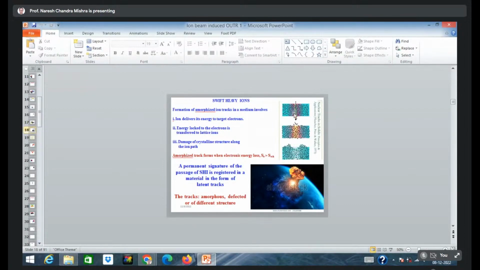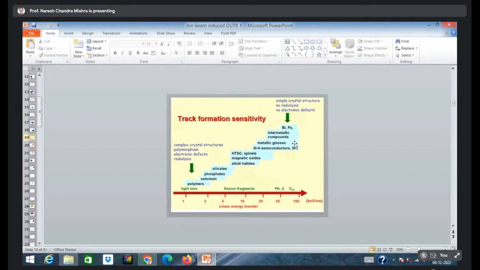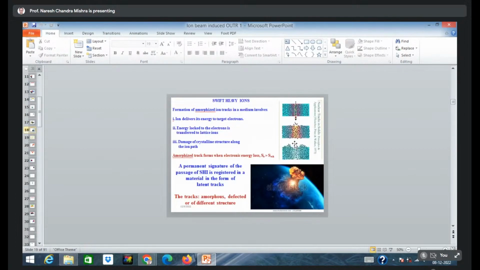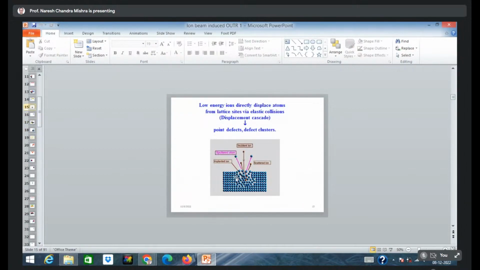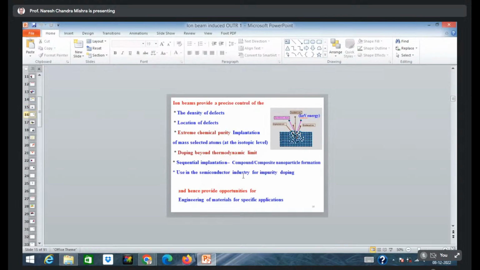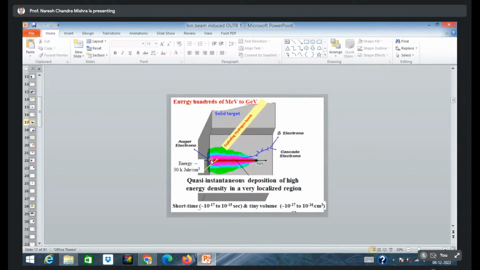It's a many body problem, not a two-body problem, single particle excitation. Elastic scattering is a two-body particle problem, but electronic excitation is a many particle problem. All the electrons are excited along the path.